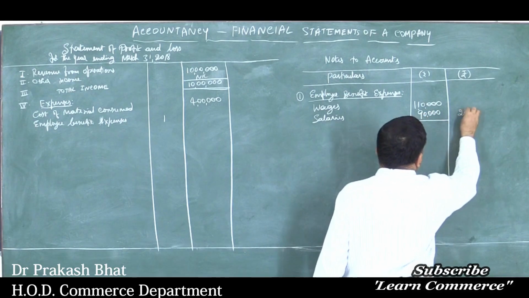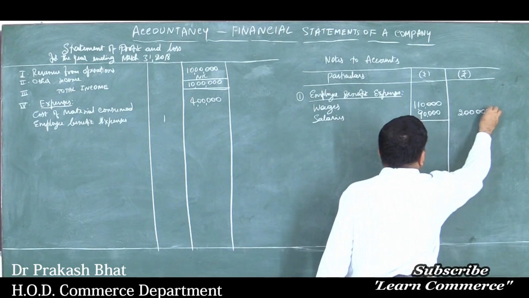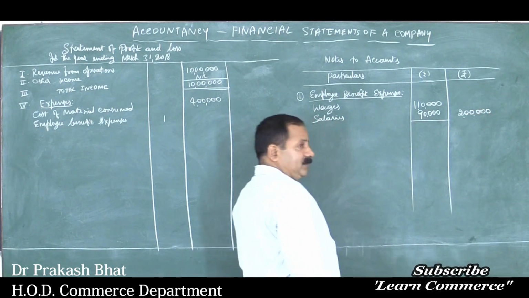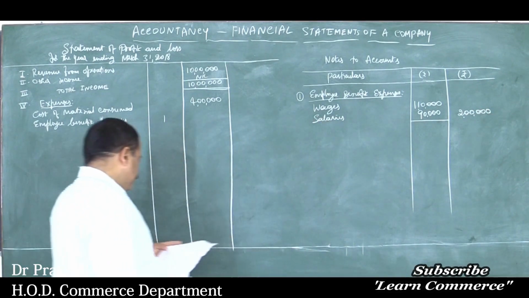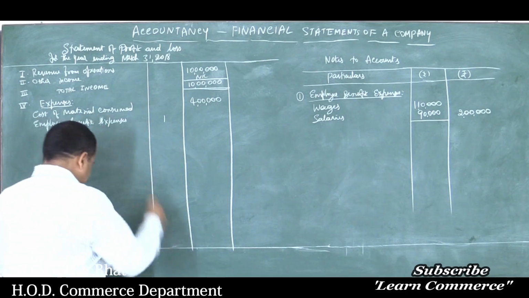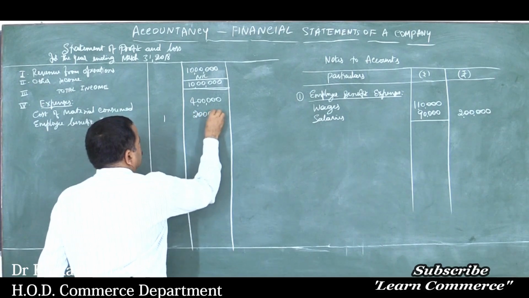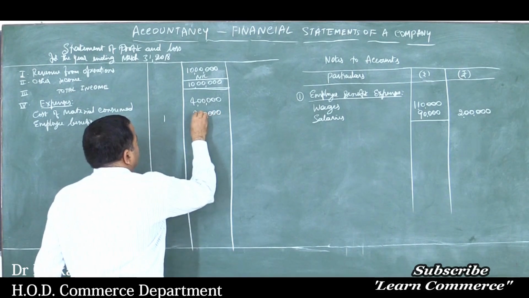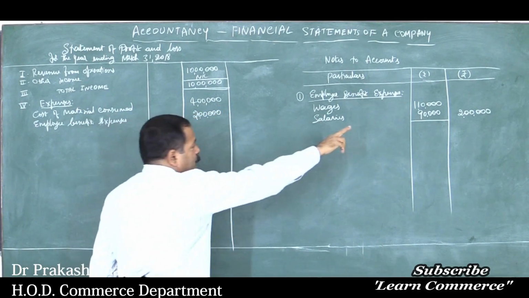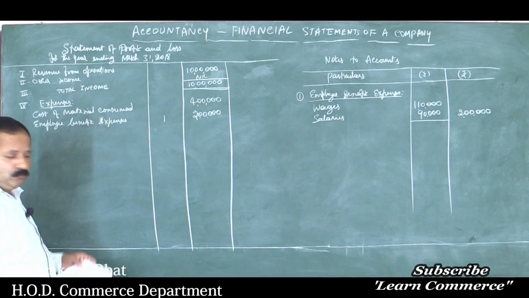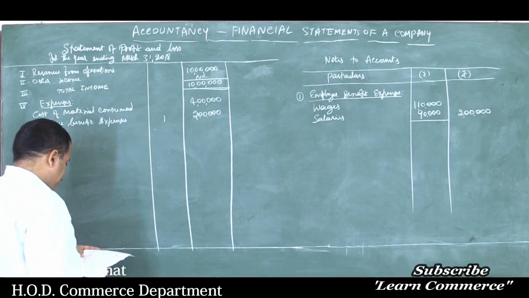Total it will be 2 lakh. That's all, only one note. Here, employee benefit expenses, note number 1, 2 lakh. For this you will get 2 marks, one for this and one for this.